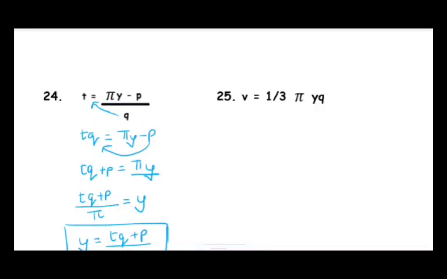And here it is. No rocket science, children. V is equal to 1 upon 3 pi yq. Again, let me rewrite it for simplicity. V is equal to 1 upon 3 pi yq. This whole thing gets multiplied. V is equal to pi yq upon 3. 3 shifts to the LHS. 3v is equal to pi yq.